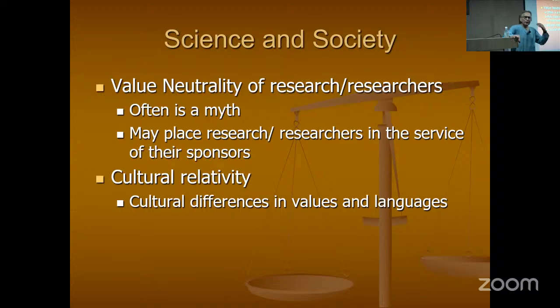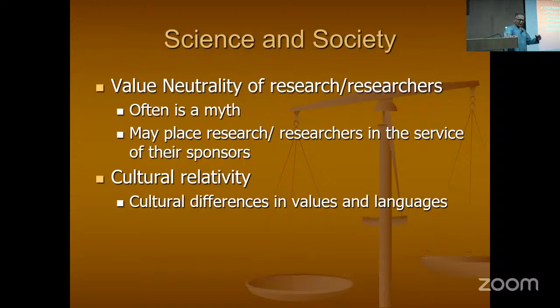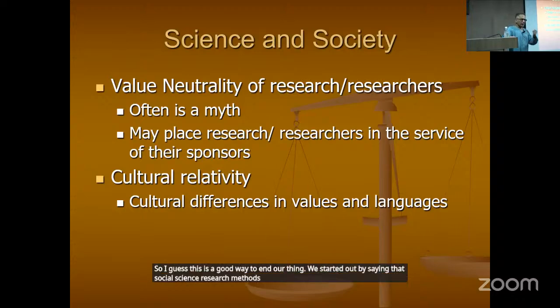These are some criticisms made by a lot of the qualitative critical scholars on quantitative information, but it can happen everywhere. So I guess this is a good way to end our thing. We started out by saying that social science research methods are objective.